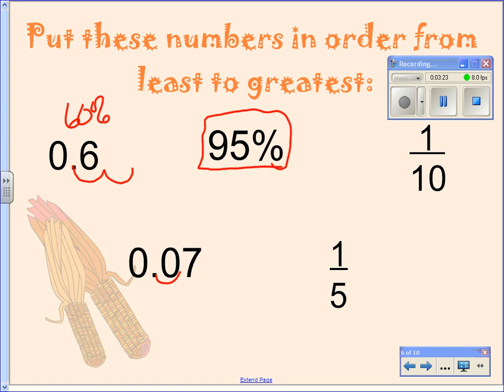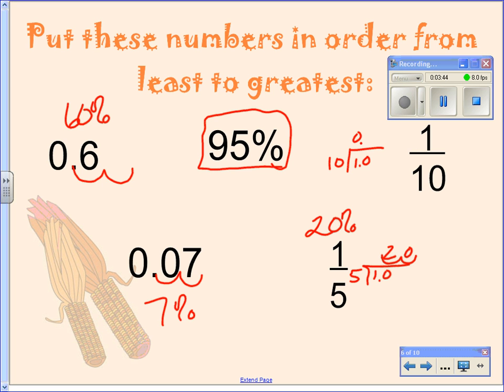Move the decimal over twice, so this becomes 7%. These two I have to bow tie, but luckily they're both really easy. So that's going to be 0.2, which moves over twice and becomes 20%. And then this one, 1 over 10, that's going to be 0.1, which moves over twice and becomes 10%.